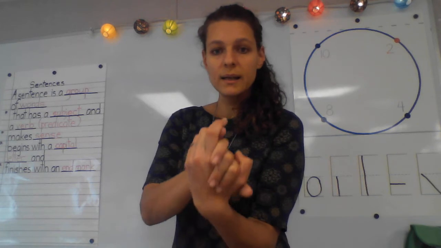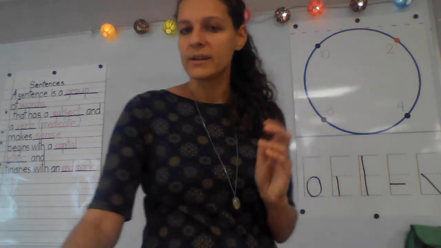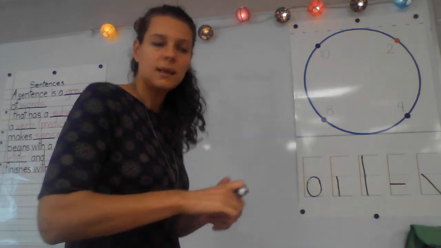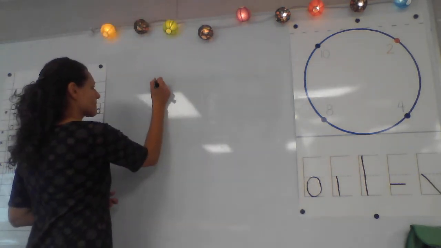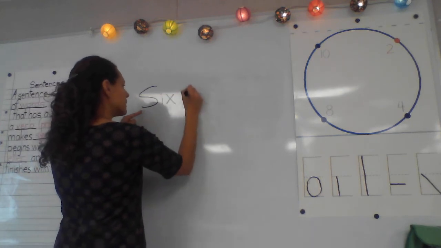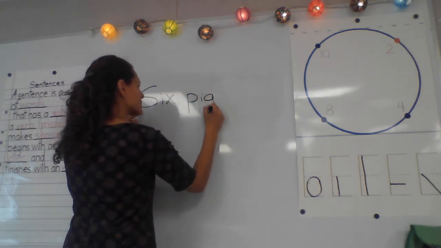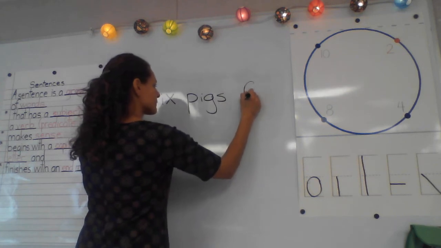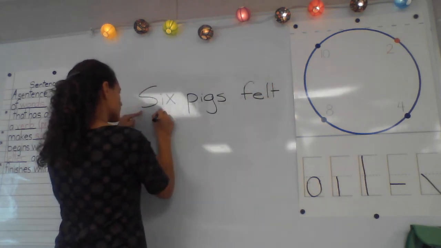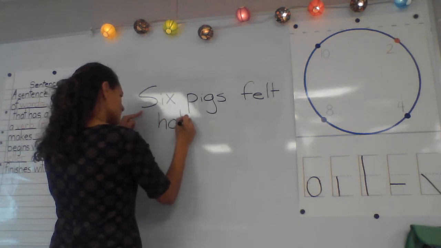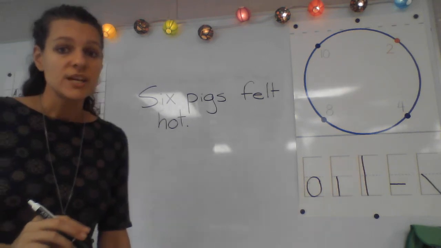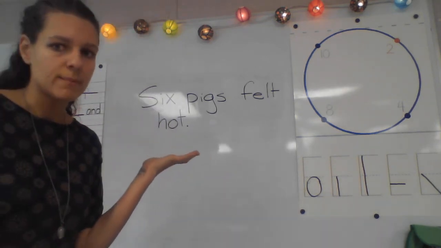All right. So you should have had your sentence. Let me write it for you quickly here. See, I'm starting with a capital letter. All right, so if you checked, your sentence would look like mine.